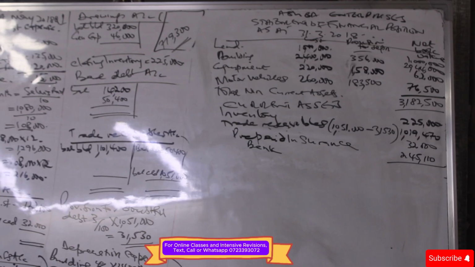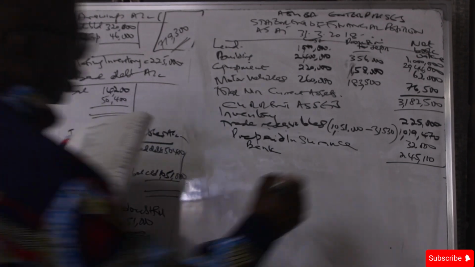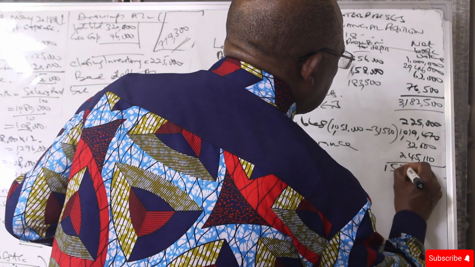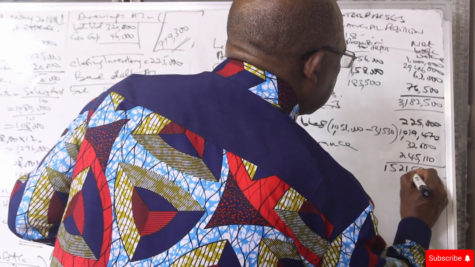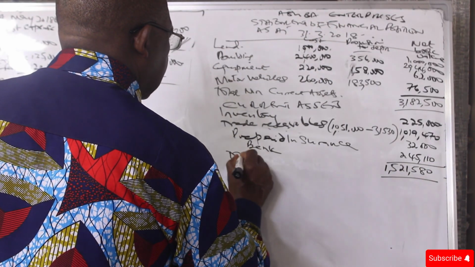We get a figure of 1,521,580. 1,521,580. Total current assets.